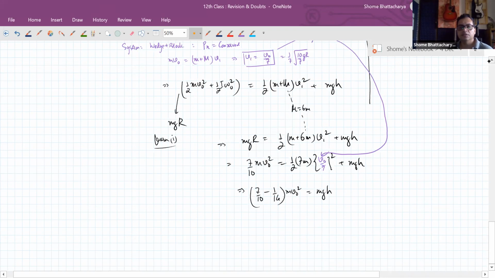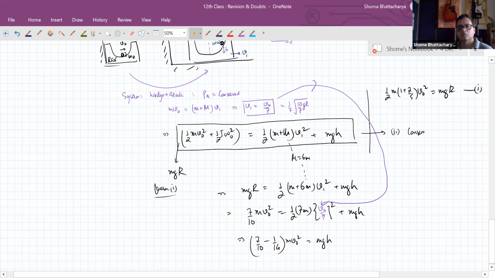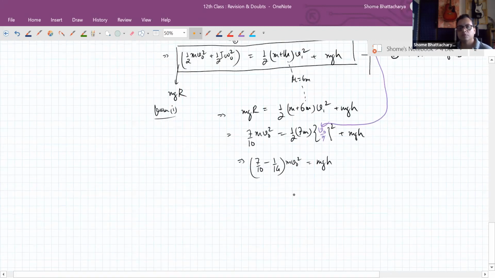So this is your energy conservation equation. Okay, this was your conservation of momentum. Horizontal momentum, actually, not conservation of momentum, but conservation of horizontal momentum. So anyhow, let's see what this gives us.